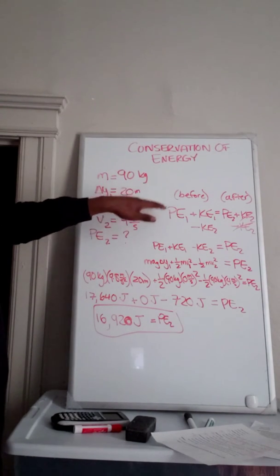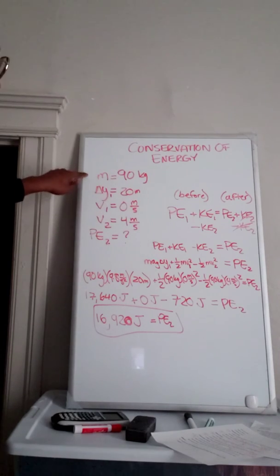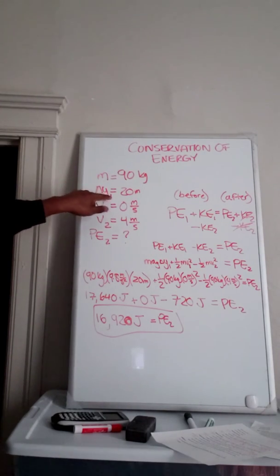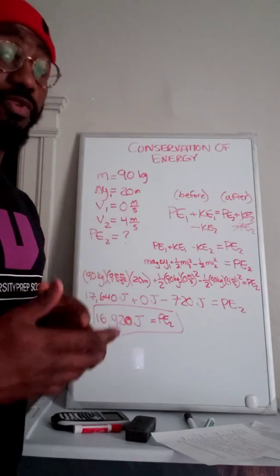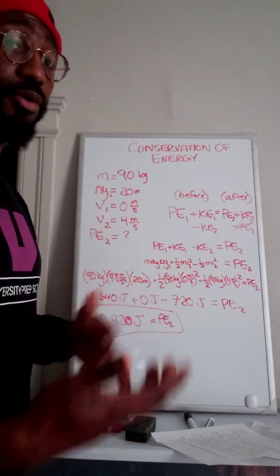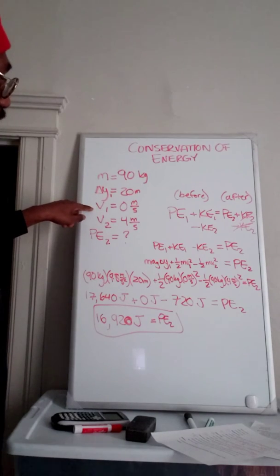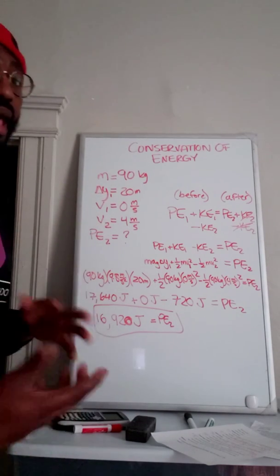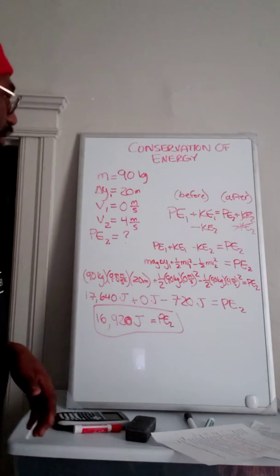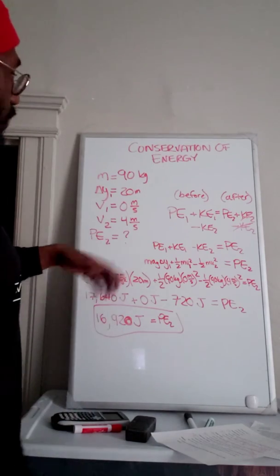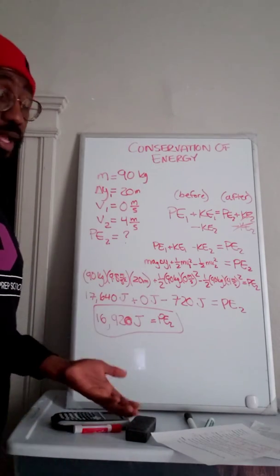We found our equation. We made sure to label our variables as to whether it was the variable for the before scenario or the after scenario. 1 meant it was in the before scenario. 2 meant it was in the after scenario, after the event happened, which in this case was she jumped out of a plane.